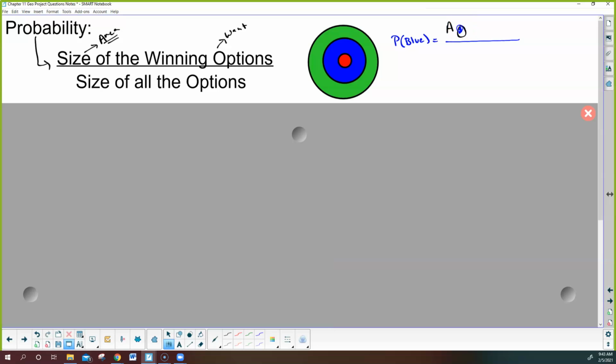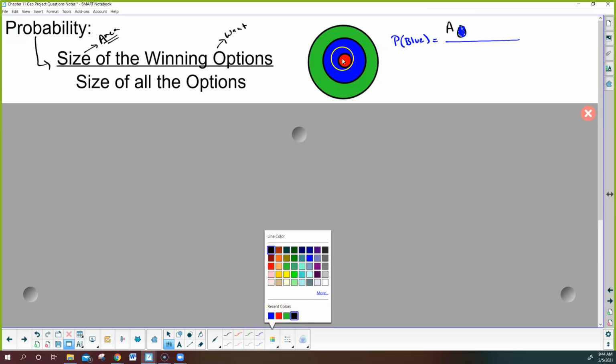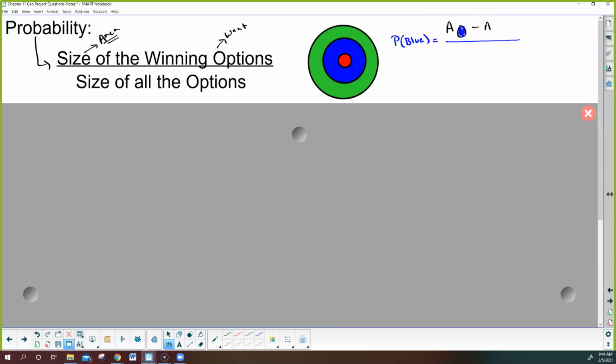However, I didn't give any dimensions and we're not really going to calculate this, we're just visualizing it. So I have the area of the blue circle, but then remember this red circle is actually being cut out of it. So I would have to subtract the area of that red circle, and that would give me just all this blue stuff.